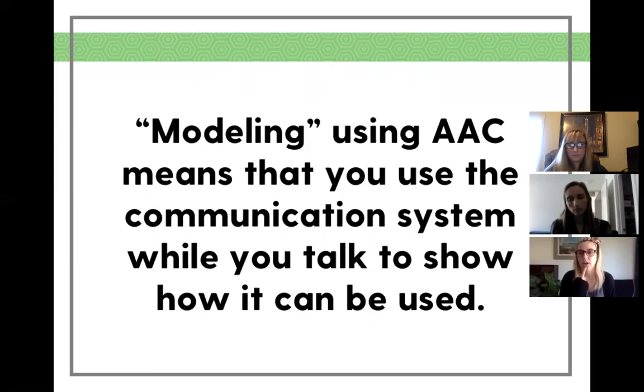They're not necessarily processing, okay, when my tongue goes here, I produce this sound. But over time, they watch our mouth movements, they hear our words, they see the meaning behind it, and over time, they start to coordinate all those messages into learning how to communicate verbally.